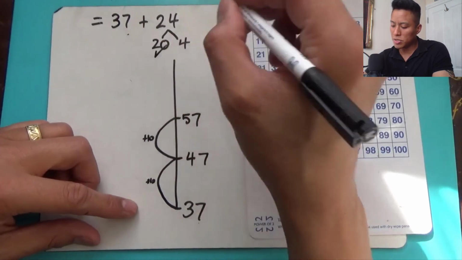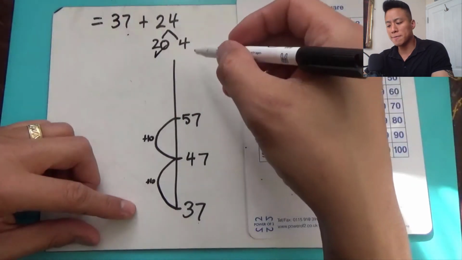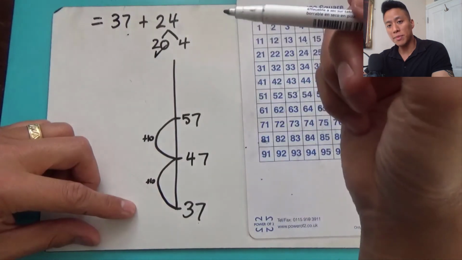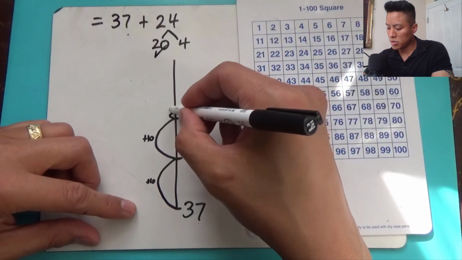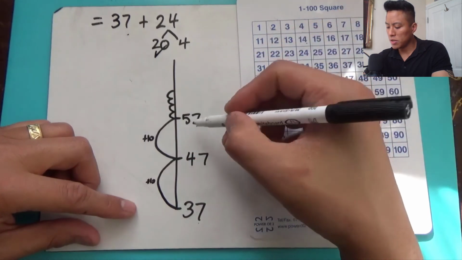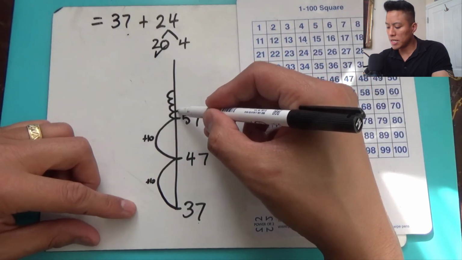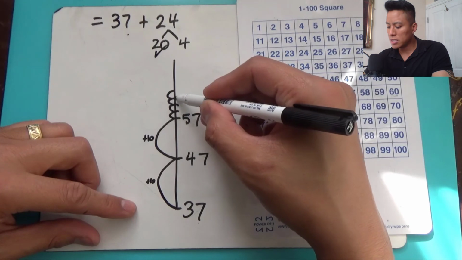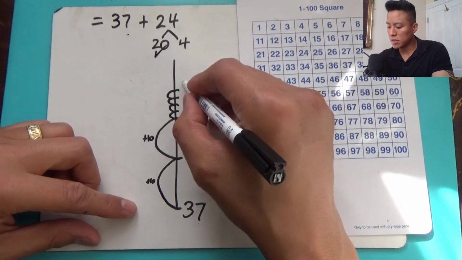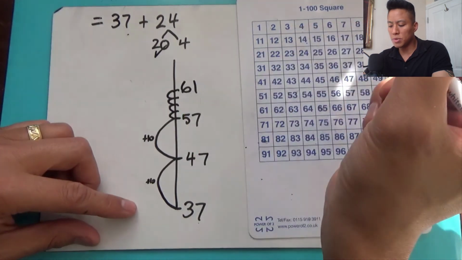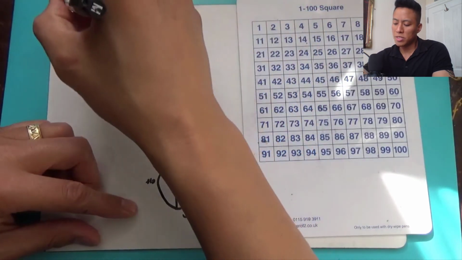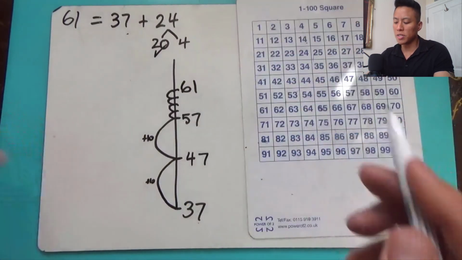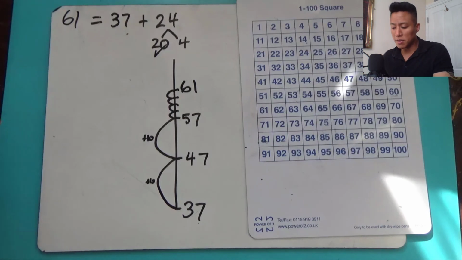So I've added my 2 tens, tick, so that I know that I've done it, and then I'm going to add my 1s, and I'm going to go 1, 2, 3, 4. 57, 58, 59, 60, 61. So 37 plus 24 is equivalent to 61. So this is how you can use a number line to solve your problems as well. Alright, good luck using that method.